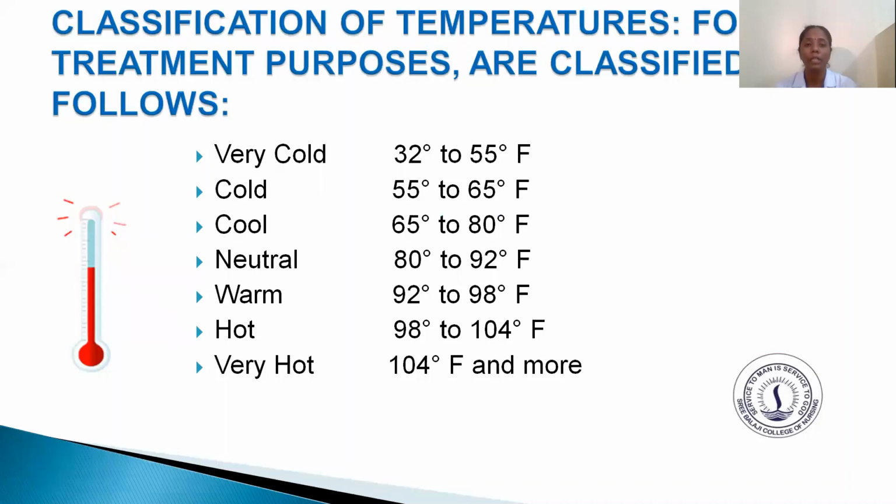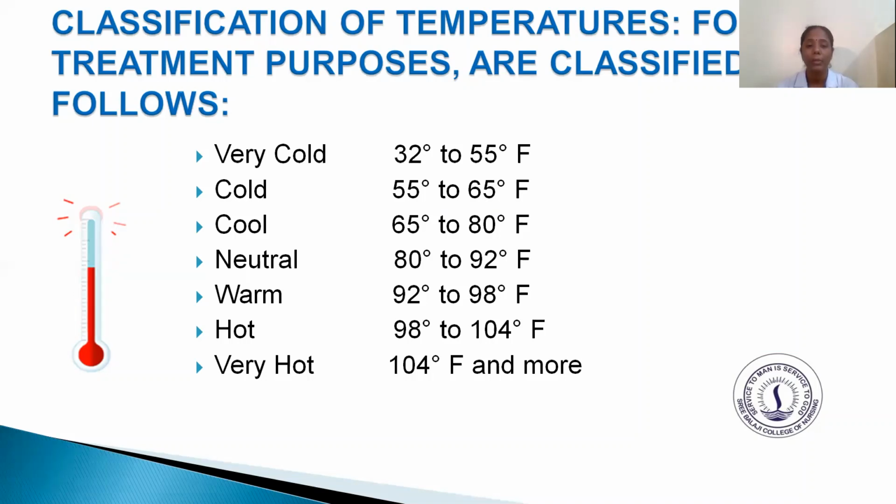Next, we go for the classification of temperatures for treatment purposes. What is the temperature? One by one, we discuss. Very cold, 32 to 55 degrees Fahrenheit. Cold, 55 to 65 degrees Fahrenheit. Very cool, 65 to 80 degrees Fahrenheit.